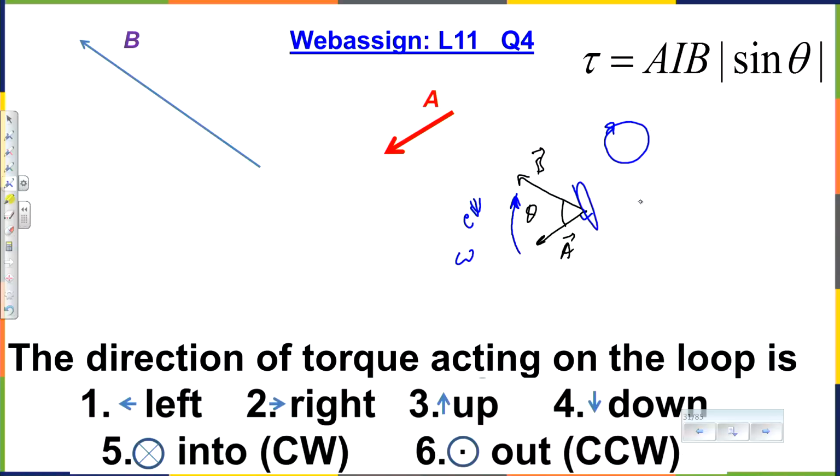I think that was the first one. The direction of the angular velocity, we called it into the screen. And that's the answer, number 5.